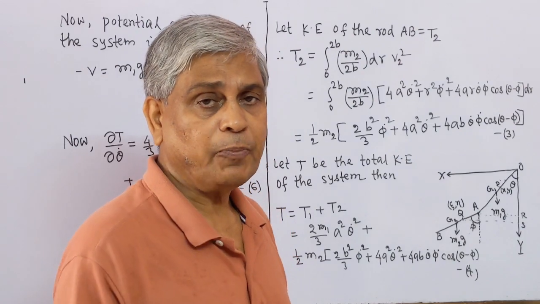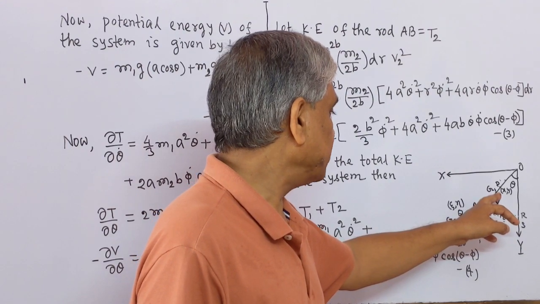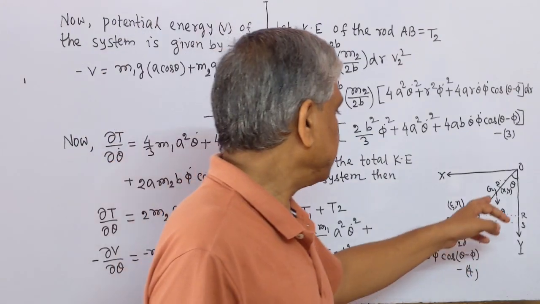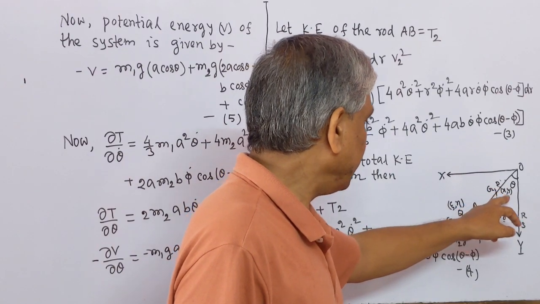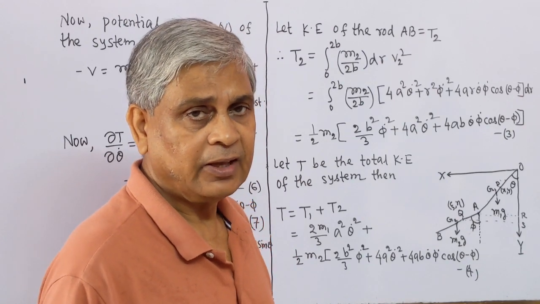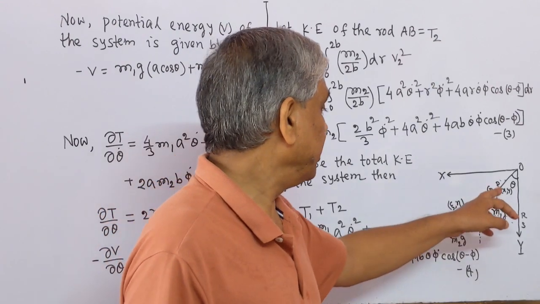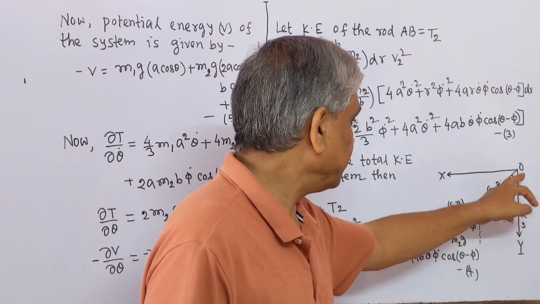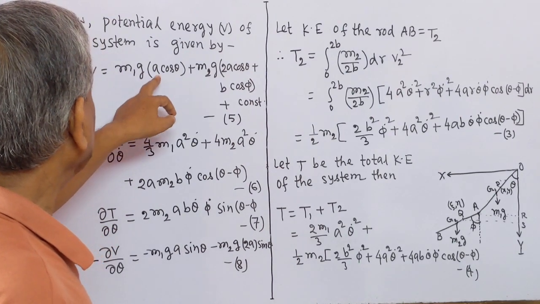And since the mass of OA is m1, the force acting on this center of gravity will be m1g. Now, this m1g is at a vertical distance OG1 cos theta, that is a cos theta. So the reduction in potential energy will be m1g multiplied by displacement a cos theta, m1g a cos theta.